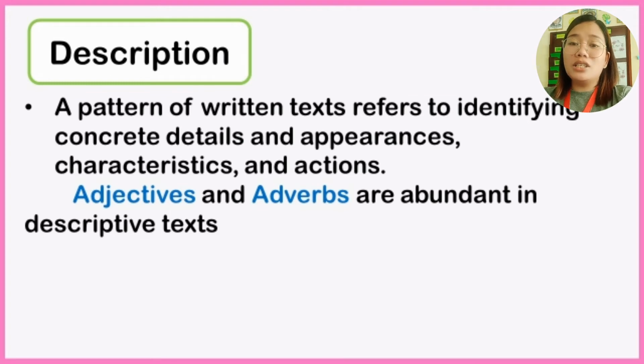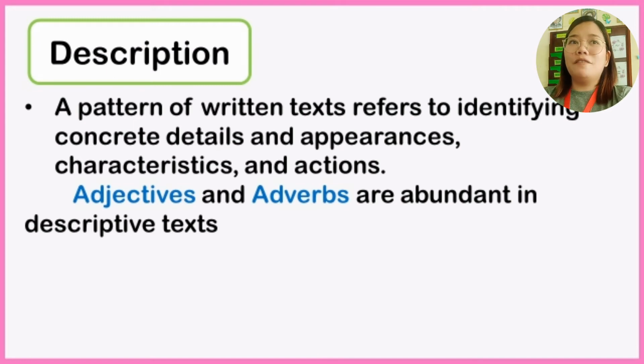So for adjectives, that is a part of speech that describes a noun or pronoun. So example of adjectives, we have beautiful, ugly, and a lot more. For the adverbs, that is another parts of speech. It's a combination of adjective and verb. That is why it is called adverbs.